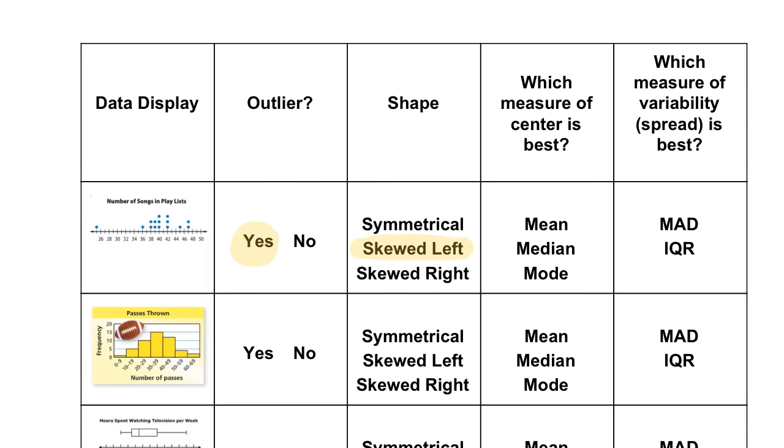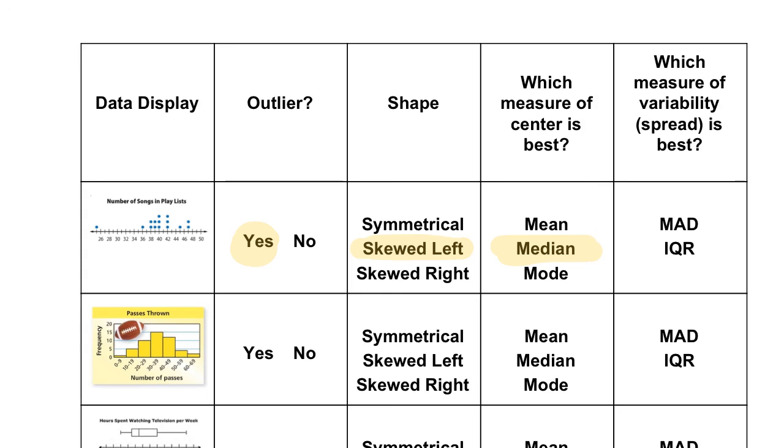Now we've talked about on the last couple pages, if it is skewed to the left or skewed to the right, that means I am going to choose the median, because I always use the median when it is skewed. I use the mean when it is symmetrical. Now these correlate to each other.